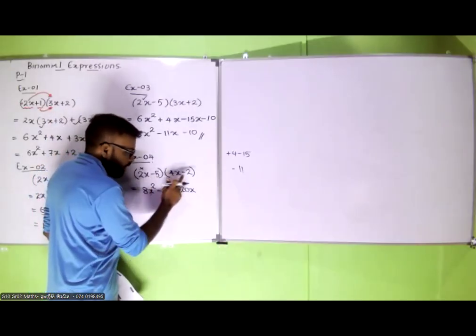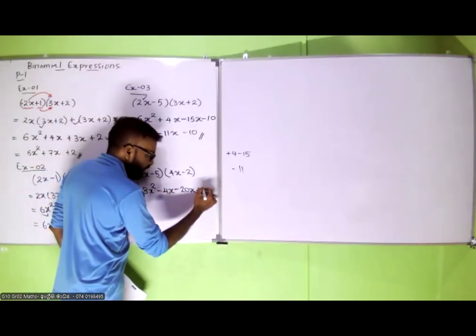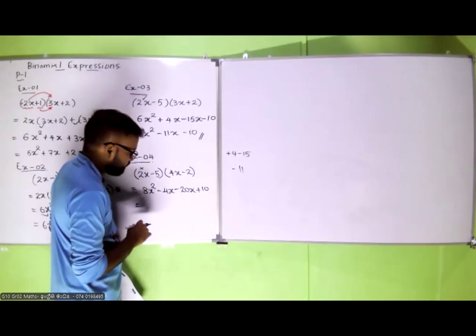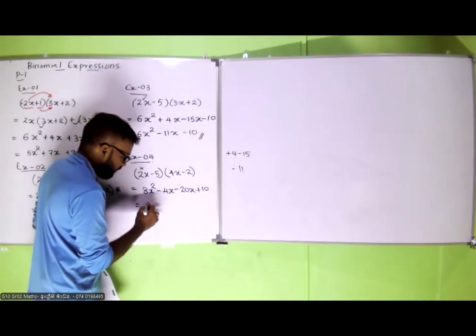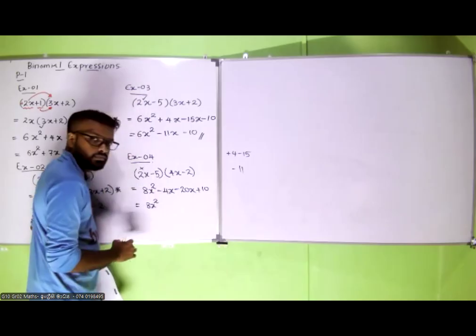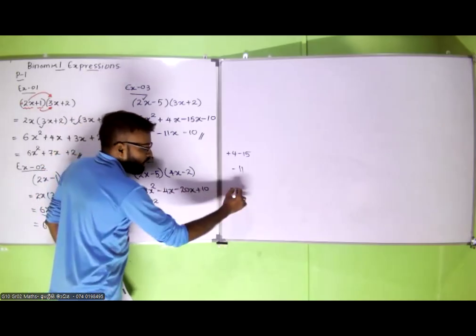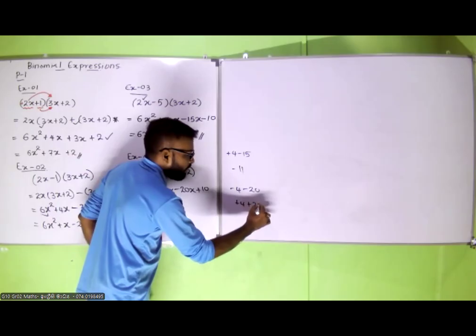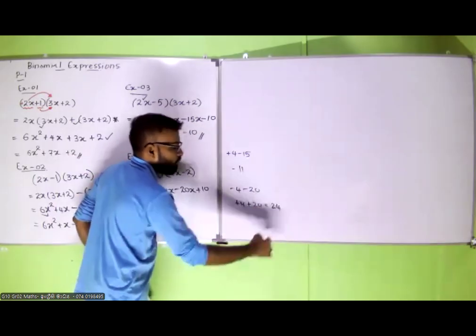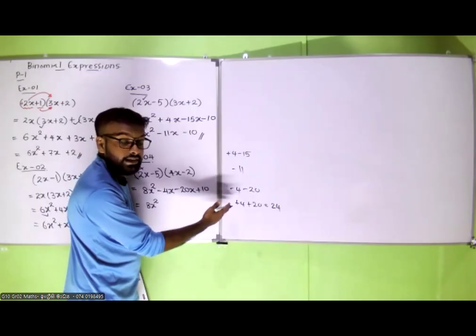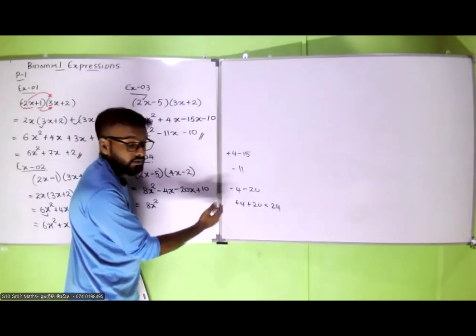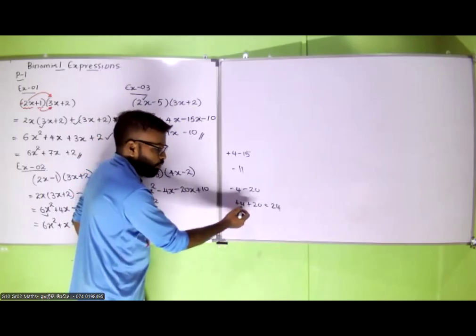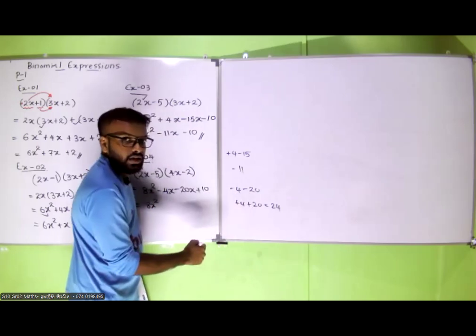Negative into negative, positive, 5 into 2, 10, equal mark. Now 8x squared. Negative 4, negative 20. This is something like positive 4, positive 20, which means 24. Both are positive numbers, both signs are positive.